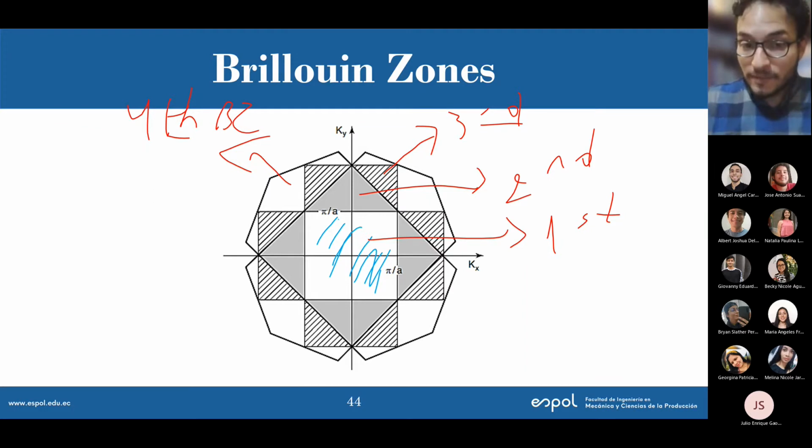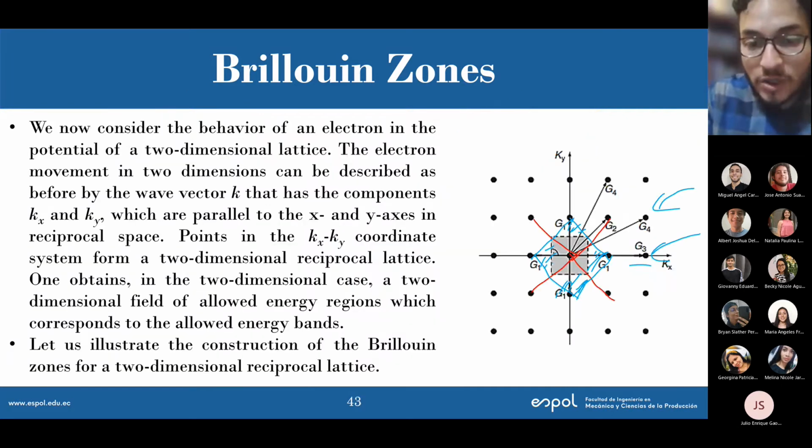First, the next higher Brillouin zone starts where the previous Brillouin zone limits. So if you see here, the second Brillouin zone doesn't include the square there in gray. Doesn't include it.